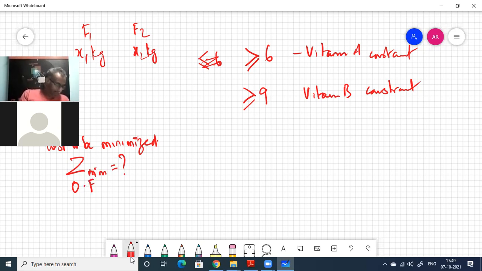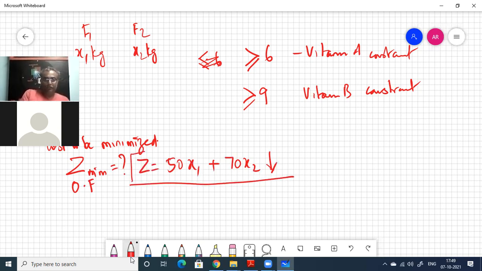Okay, now what are the costs? F1 is costing 50 rupees per kg, so 50 into x1. Then F2 is costing 70 rupees per kg. So this must be minimized. Z is equal to, this must be minimized.